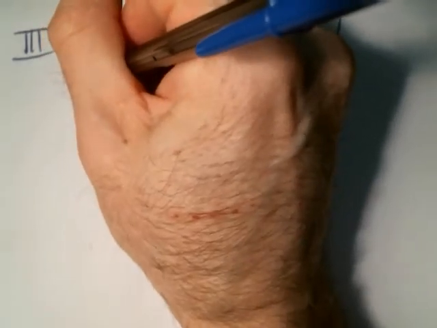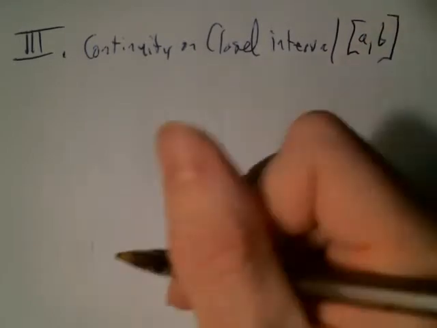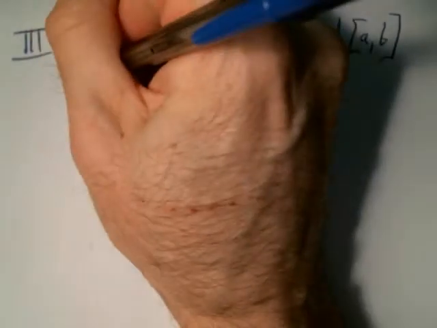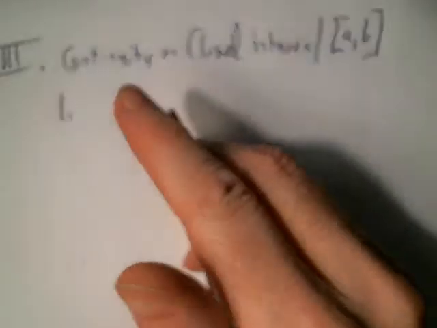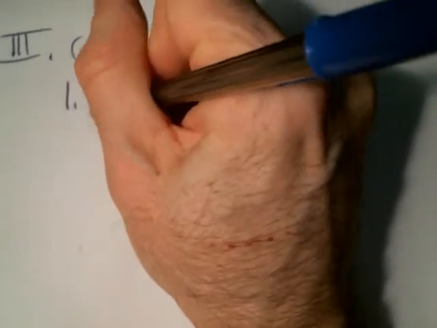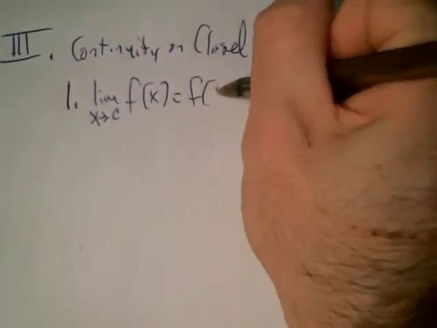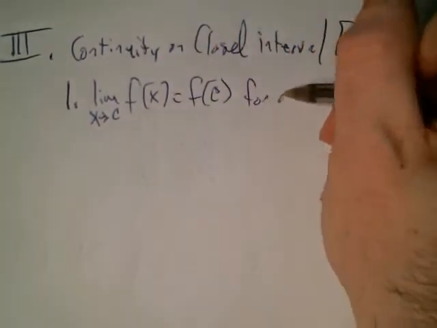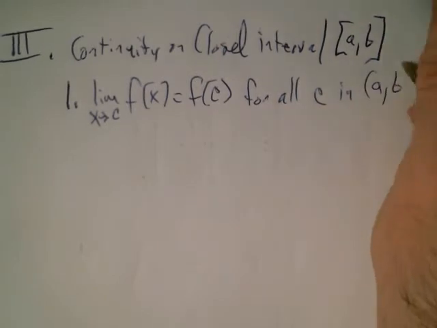Okay. So first, you know, what interval A to B, and we want to make sure that all of the points inside this interval have limits to, you know, limit as x approaches c of f of x equals f of c for all c values in the open interval from A to B, open interval.